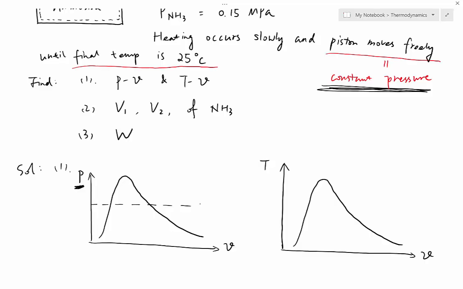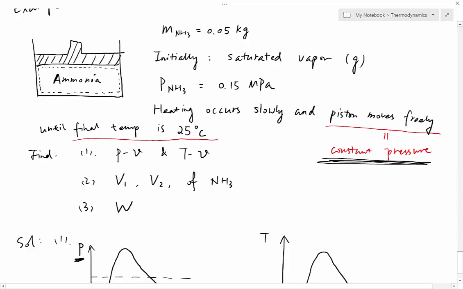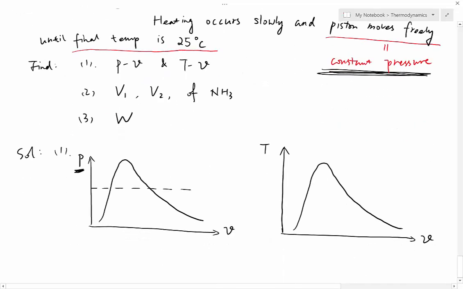Next, let's locate point 1. Point 1 is the initial state. Initially, it's saturated vapor, G point. Where is saturated vapor on the diagram? Saturated vapor is the right half of the vapor dome, and it also has to be along this dashed line, so the only choice is here.